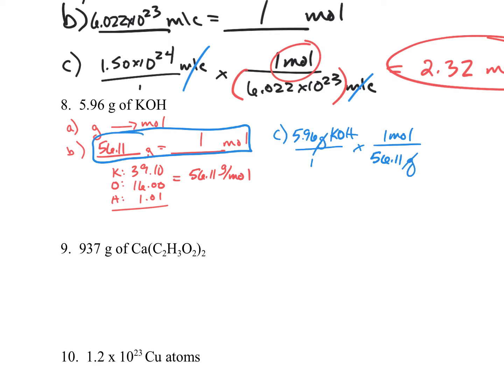So 5.96 divided by 56.11. And since the number at the beginning of the problem has 3 significant figures, your answer should round to the 3rd significant figure. And after grams cancel, the only units that remain are moles. So those should be the units in your answer.